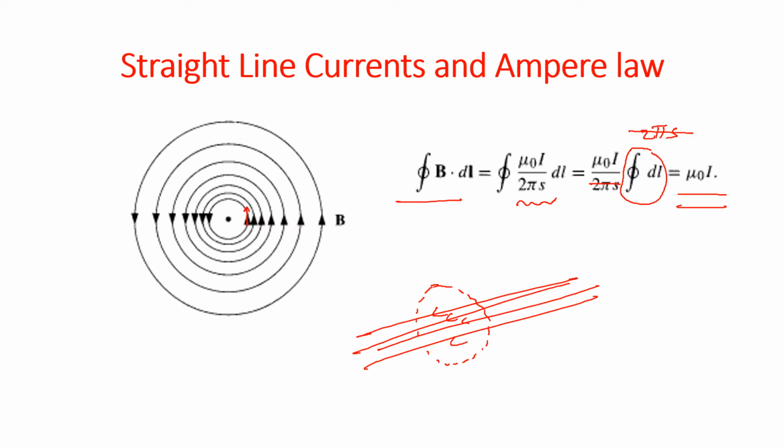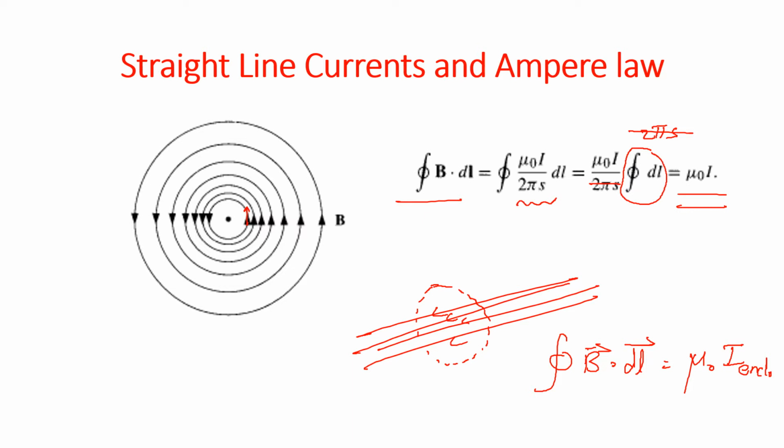Such a loop we call an Ampere loop or Amperian loop. When you apply the Ampere law to such a loop, we can write integral B dot dl equal to mu 0 times the total current, or current enclosed. So this is the Ampere law: integral B dot dl equal to mu 0 times I enclosed.